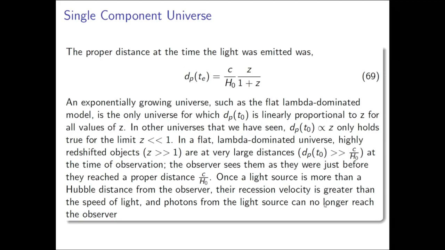Such universes can exist only if we combine two or more components of the universe to get a multiple component universe. So you can have a radiation matter universe, a cosmological constant matter universe, or a cosmological constant and radiation universe. You can have various mixtures of these components in a single universe, which will give you various results for each of the observables that we have seen in this part.